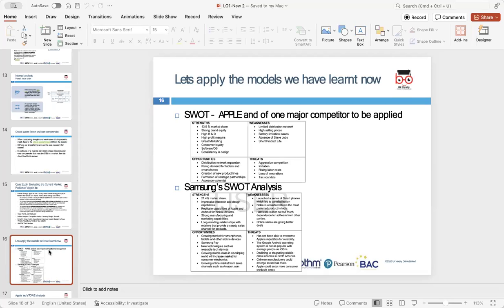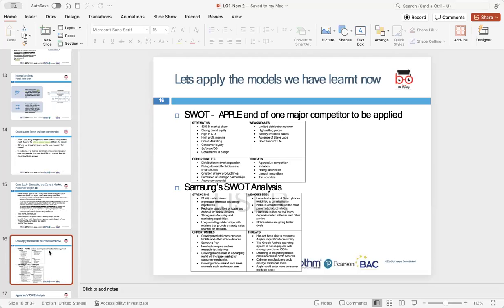So a strong customer base that is loyal to Apple products and ecosystem, consistent design. Known for its consistent and innovative product design, software, operating system. There are some weaknesses. Limited distribution network.